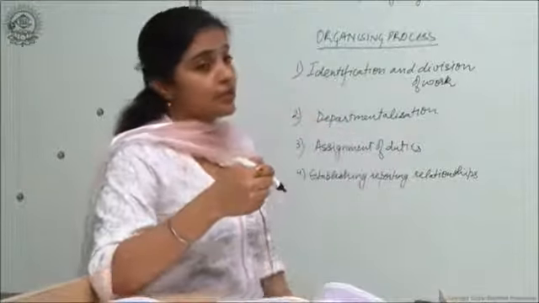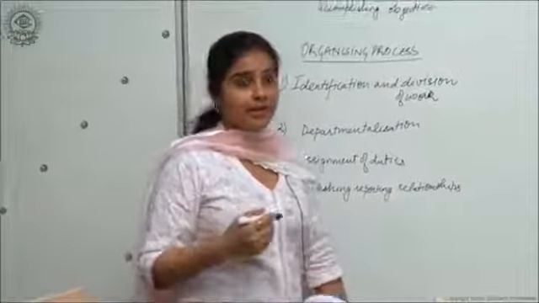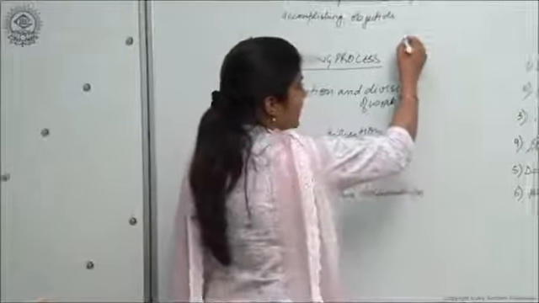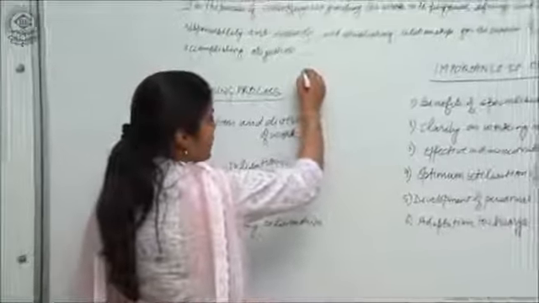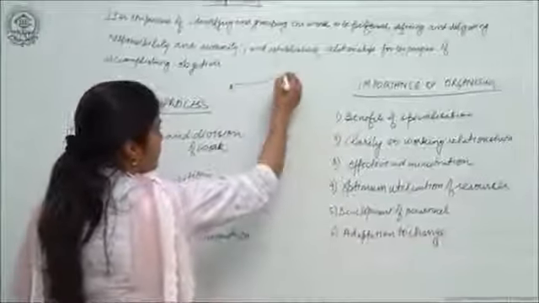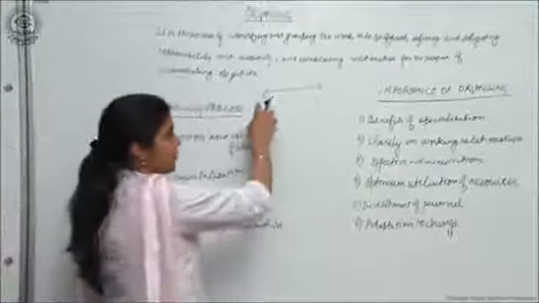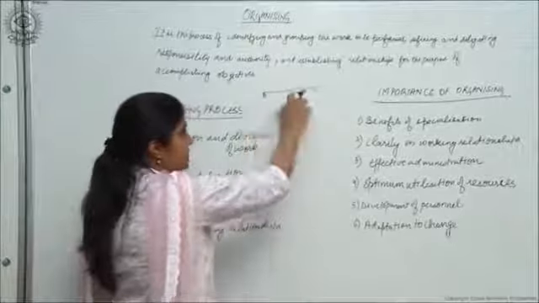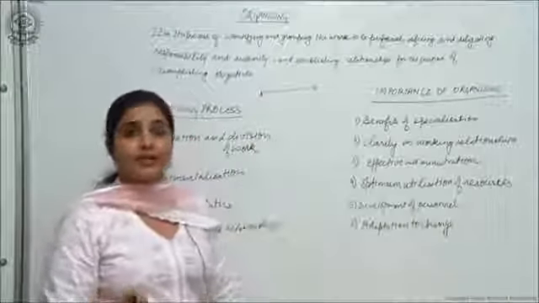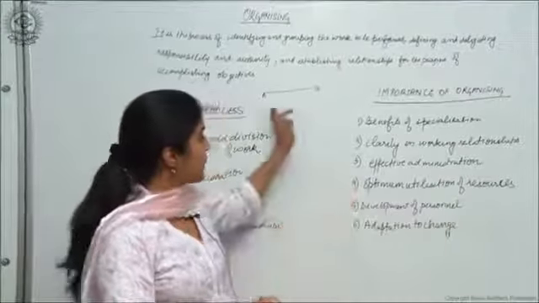Another definition that we gave for planning is that right now you are at point A, but in future you want to be at point B. So how are you going to cover this distance? This is planning: how am I going to reach from point A to point B?